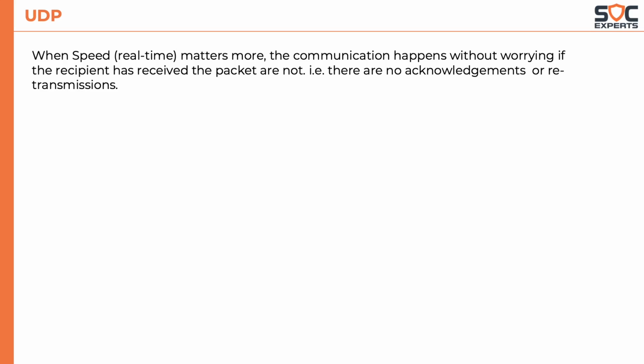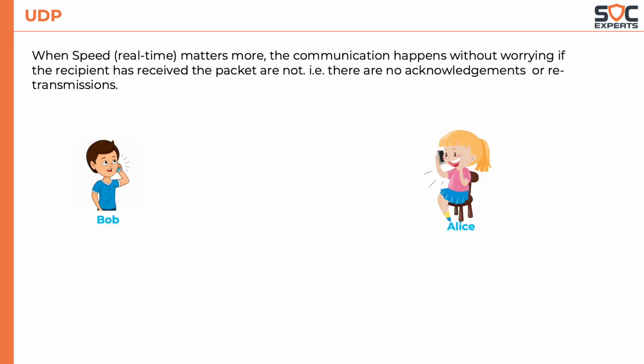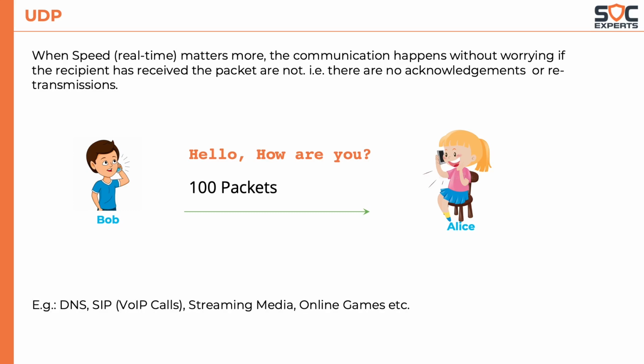Let's take an example of a WhatsApp call between Bob and Alice. When Bob says, "Hello, how are you?" it might be broken down into 100 packets. Here, speed of delivery is more important. That's why if there are a few packets lost due to network issues, there won't be any retransmission.